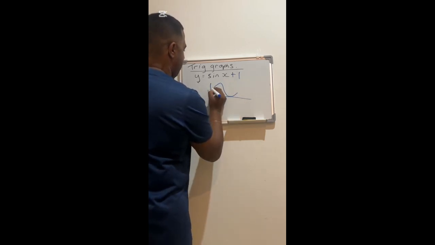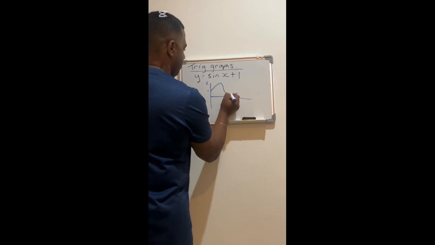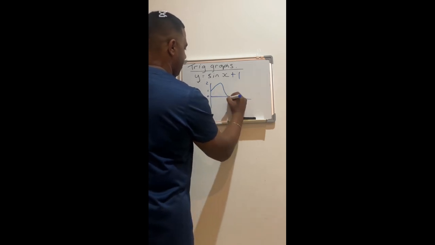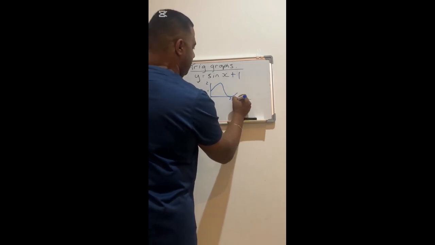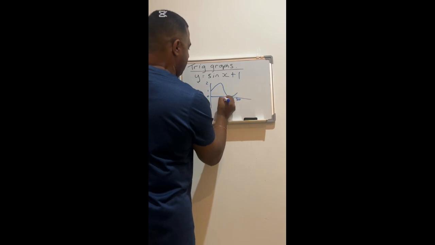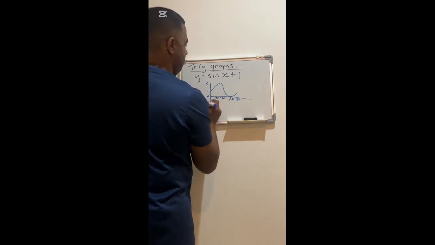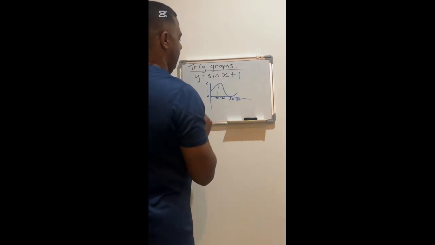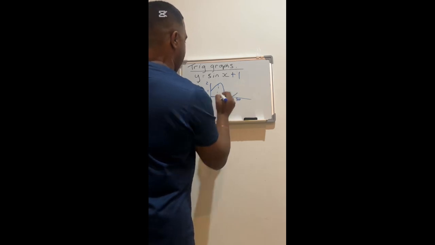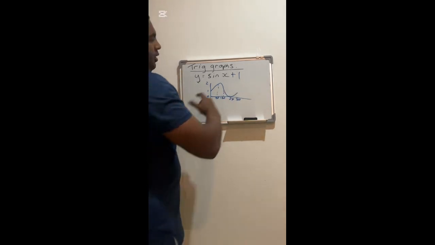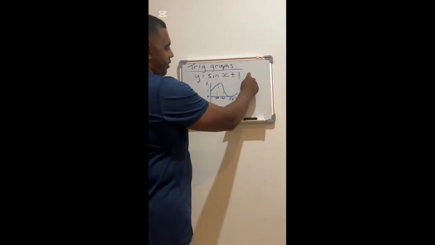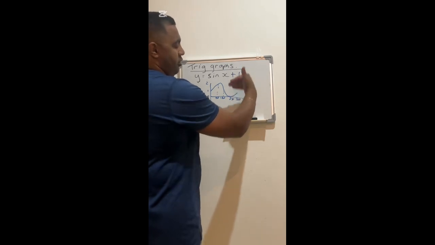So that will be 1, 2, 0, with 270, 360, 180 and 90 still. So the addition or subtraction at the end of the equation means the graph goes up and down.